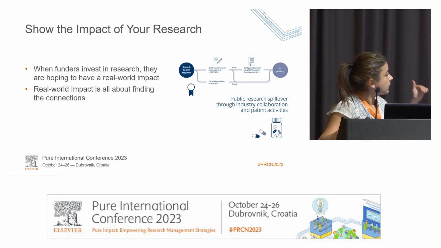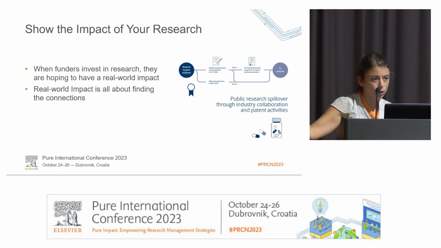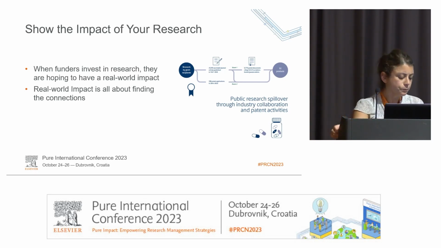And then in this analysis, they have shown how these outputs are related to applications, for example patents and eventually products that were created in the real world and are then used. So this is just to show that it's not enough to have the grant or have the outputs, but we have to be able to move this information along to actually show something.